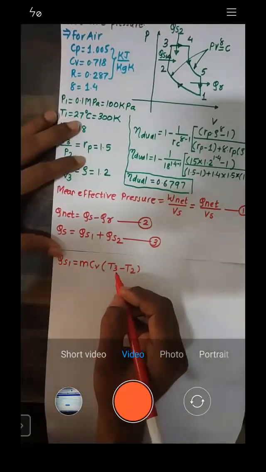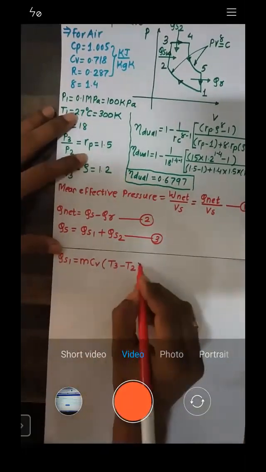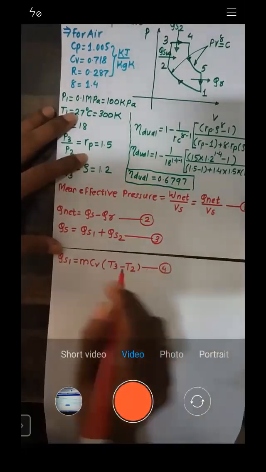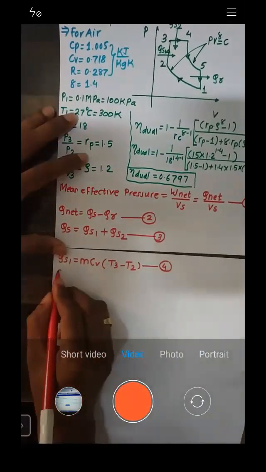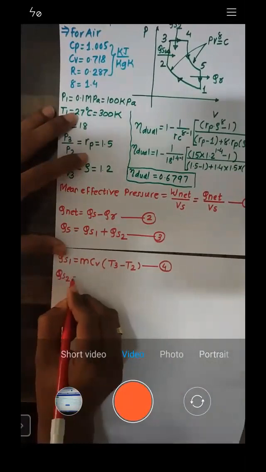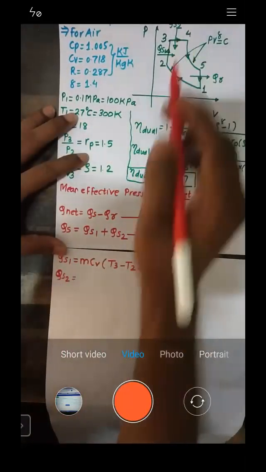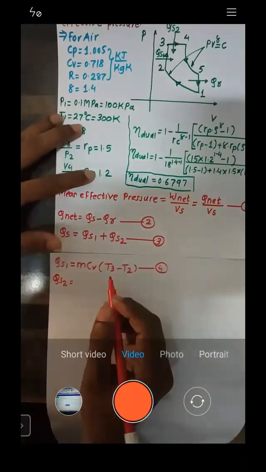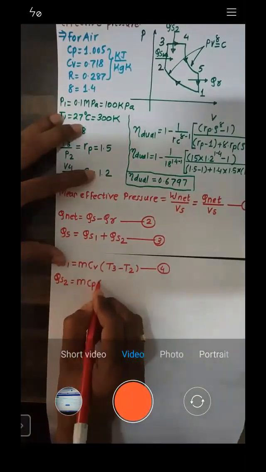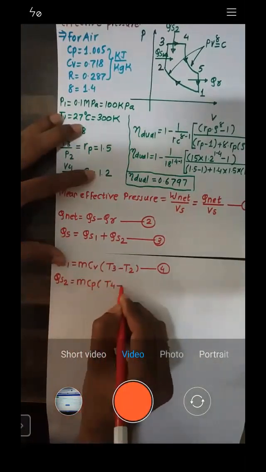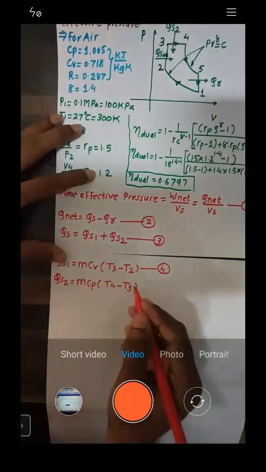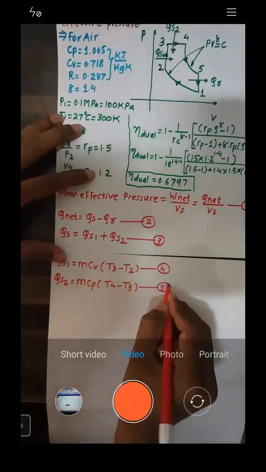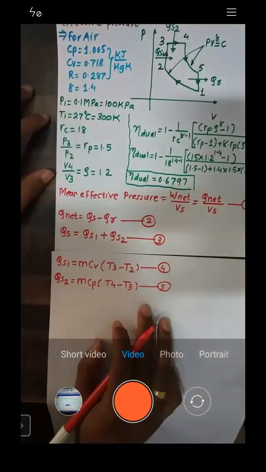So this is how we'll get heat supplied during 2 to 3. How do we get heat supplied during 3 to 4? Heat is supplied at a constant pressure, so the formula is M into Cp into final temperature minus initial temperature, T4 minus T3. Let me write this as equation number 5.